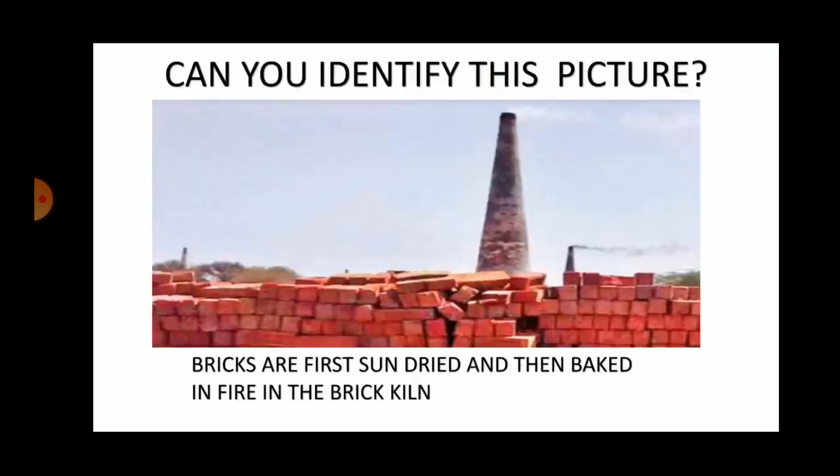Children, can you identify this picture? Yes, you have seen this picture in your maths classes in the chapter Building with Bricks. Yes, this is a picture of a Ita Bhatti or brick kiln. Bricks are first sun-dried and then baked in the fire in the brick kiln.